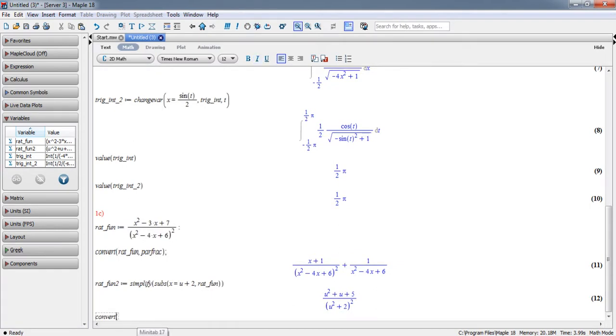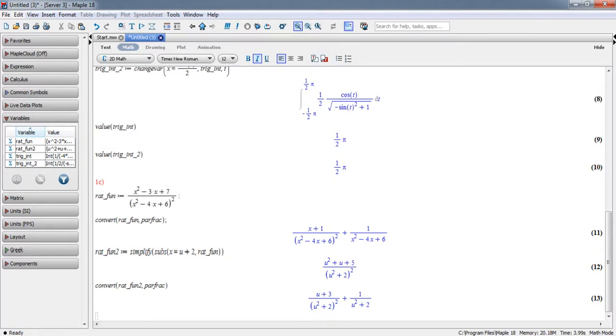Okay, and so I want to convert the second expression using partial fractions. Okay, and this is a little bit more like what we're used to seeing.